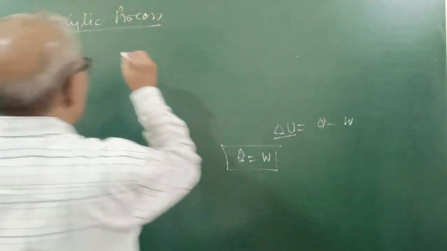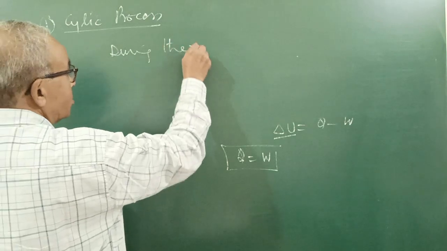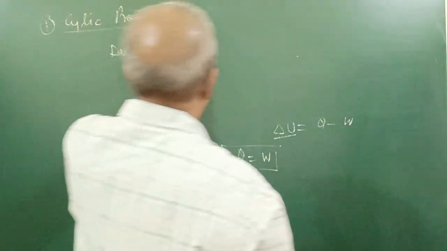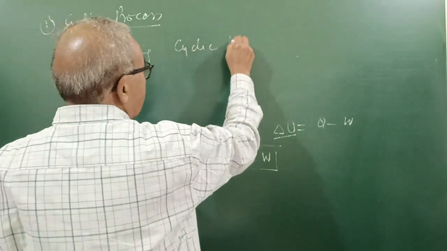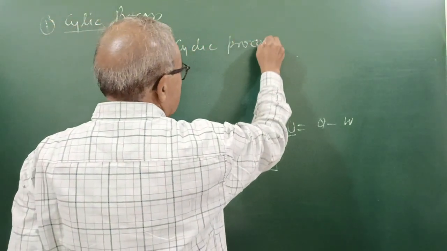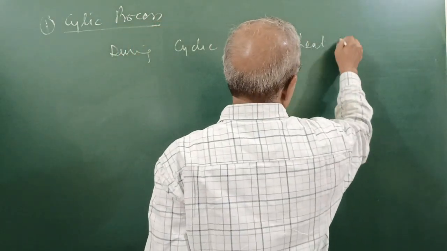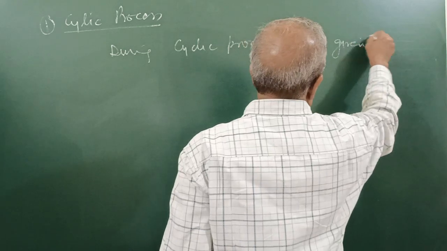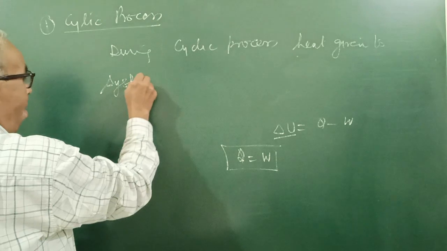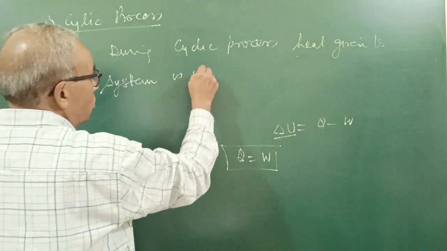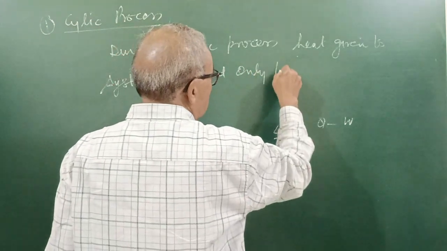So during a cyclic process in a thermodynamic system, heat given to the system is used only to do work.